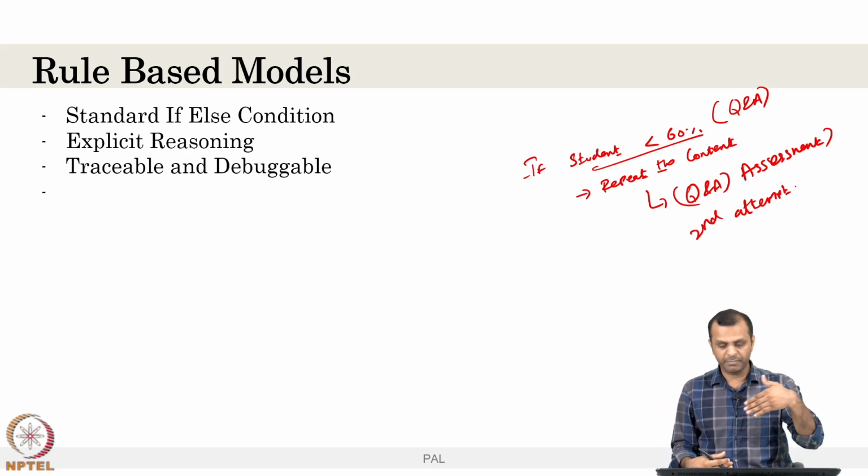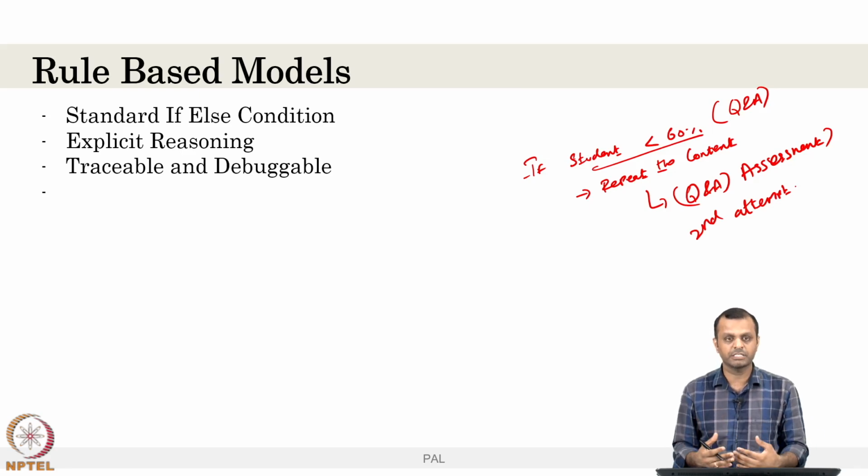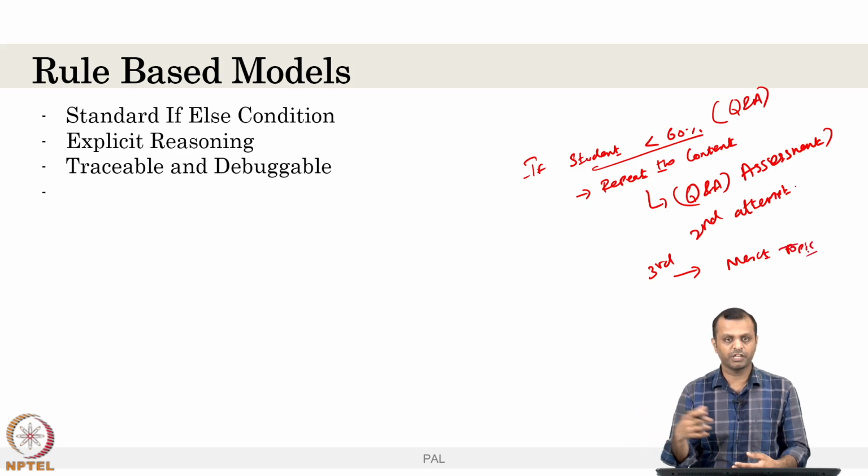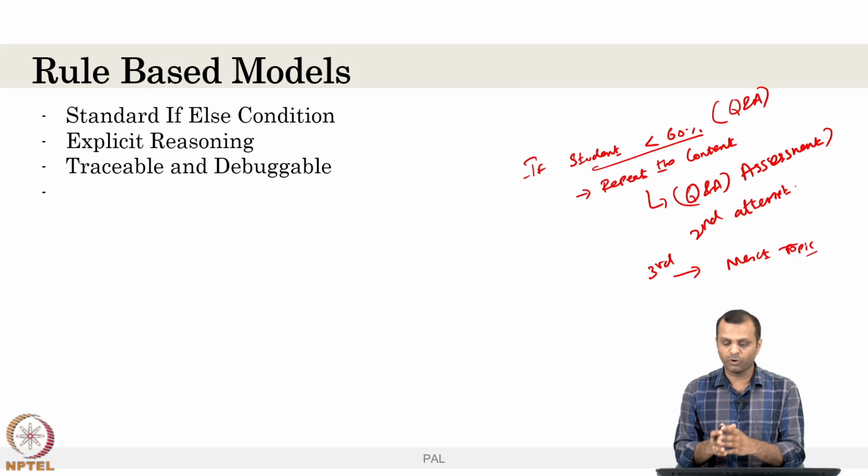A student might be failing multiple times, doing the same mistake again and again. What is the condition? We should have a break condition. If it fails, after the third attempt, I should go to the next topic. You should inform the teacher or the parents, or tell the system that the student is not interested in reading. Maybe you should give the prior content.